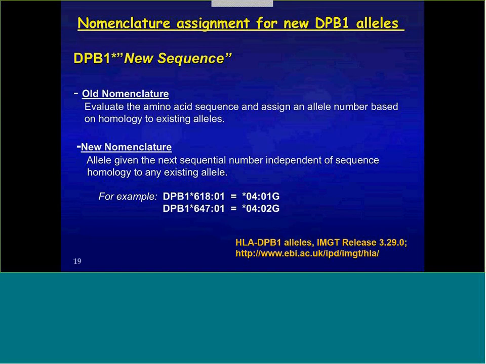For example, right now we have DPB1 618:01, which is now an 0401G, whereas 647:01 is an 0402G. So we have lots and lots of alleles that, without some form of map, without some form of legend, we don't know how they correspond to previously existing alleles. This is a problem that every one of us is facing on a routine basis.